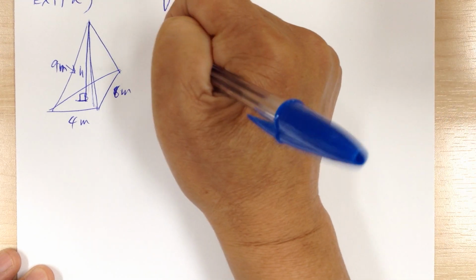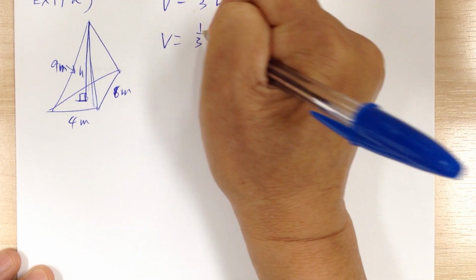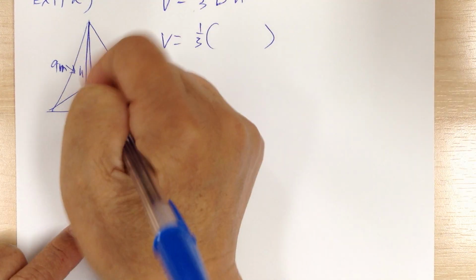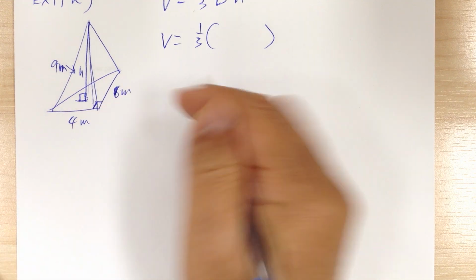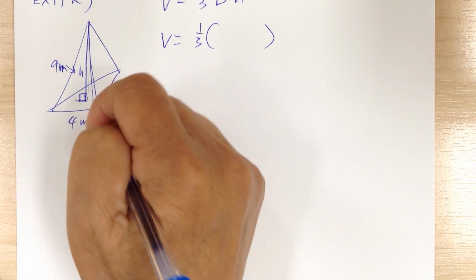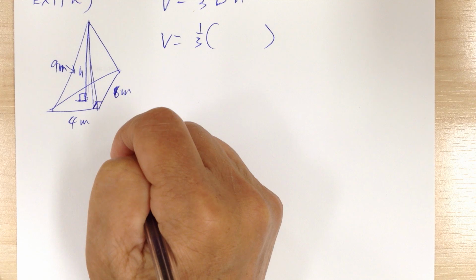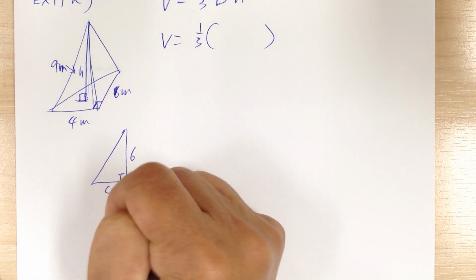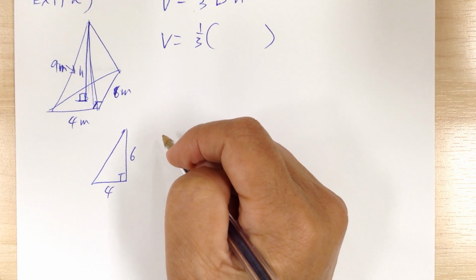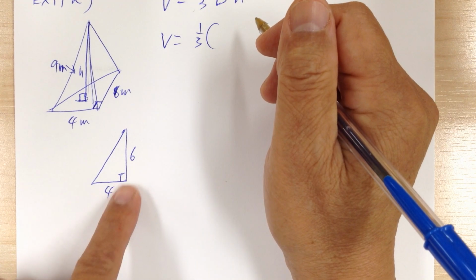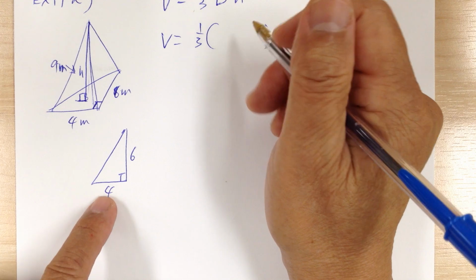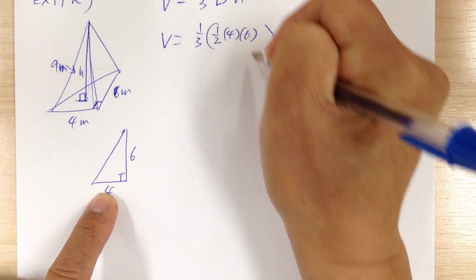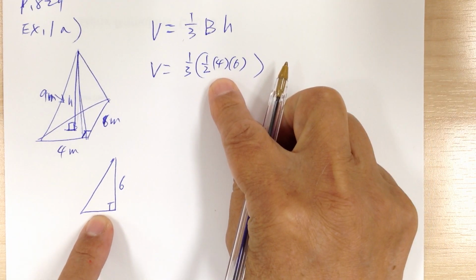So let's go and do this. 1/3. Now the base area: it's a triangle, and notice it's a right triangle. If you just look at the base only, the base over here is 4 and 6. So the base triangle is 1/2 base times height, that's that over here.